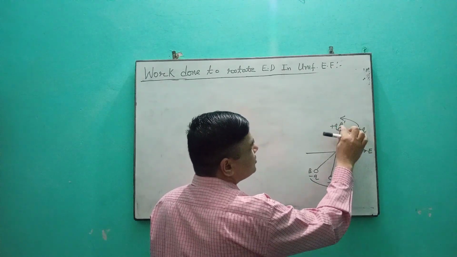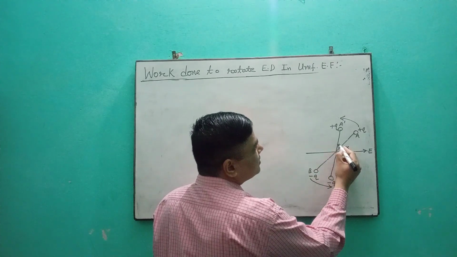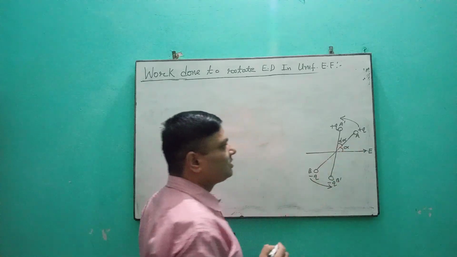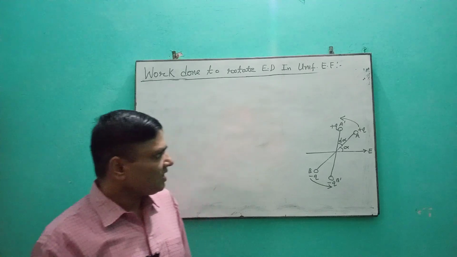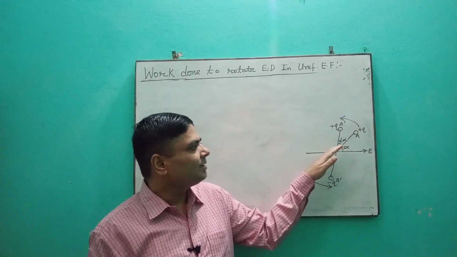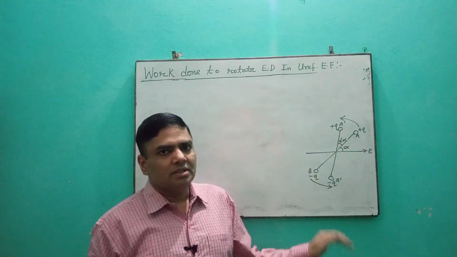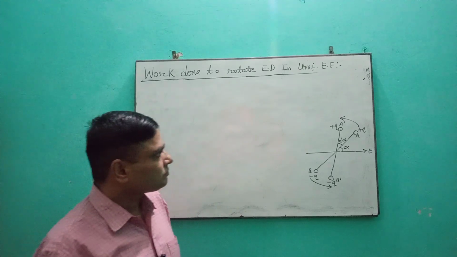A takes the new position A', B takes the new position B', and we have rotated it through an infinitely small angle d alpha. So we have to do work against the torque which is working on the electric dipole and whose tendency is to align the electric dipole axis in the direction of the external electric field.